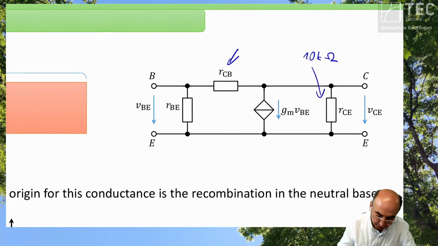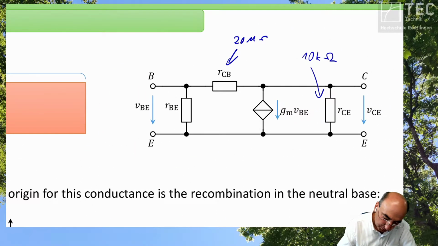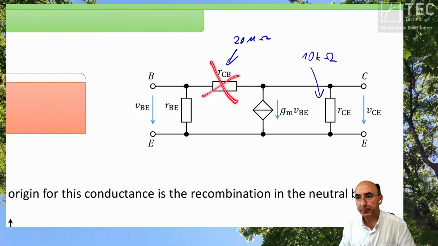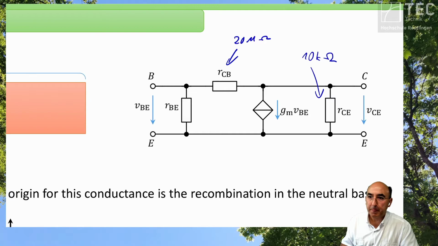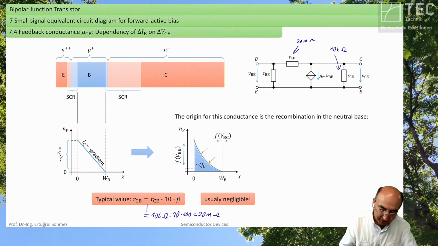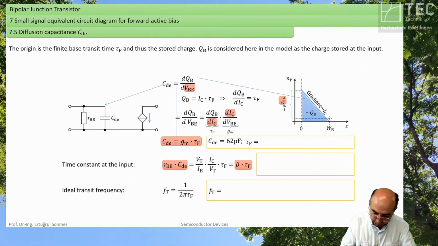So if you have just 20 mega ohm in your feedback, it is roughly negligible. So the resistive feedback, you can say it's negligible. But the capacitive feedback is by far not negligible. So you know the collector base space charge for the Miller effect. So your Miller effect has to be taken into account as a dominant factor for feedback.